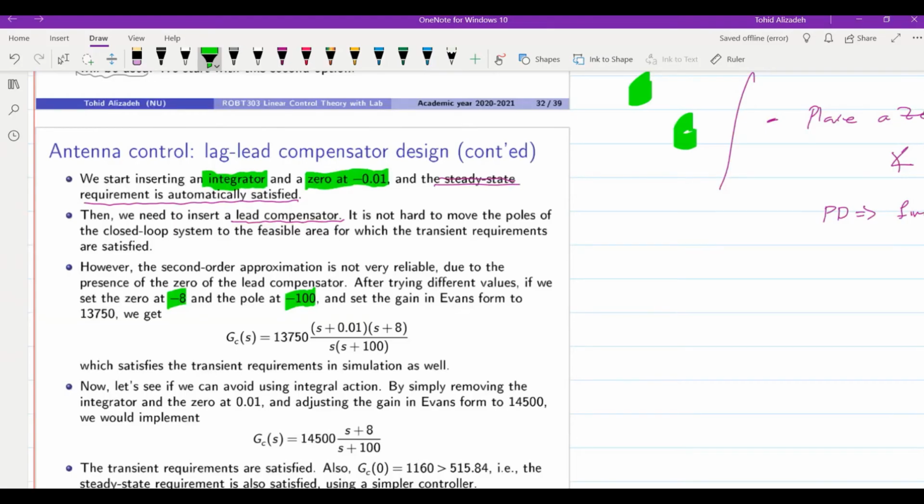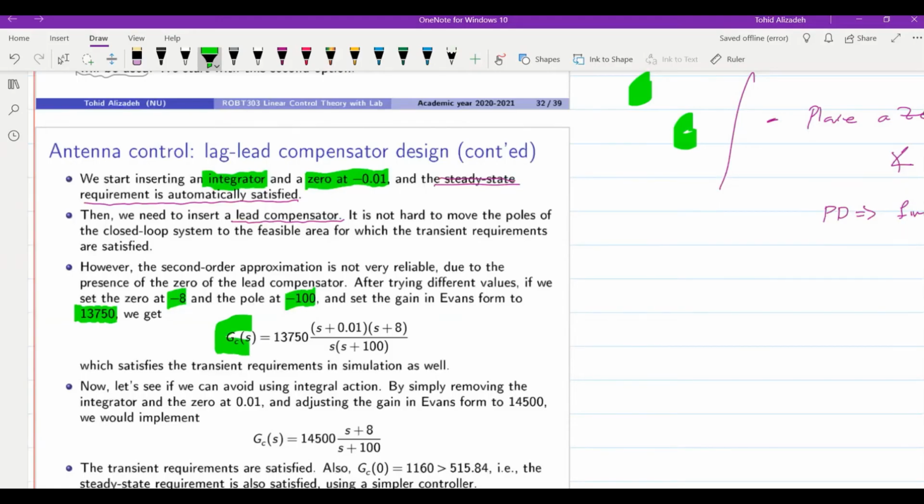And then we would need to adjust the gain in order to place the poles of the closed loop system at the desired locations. And the adjusted gain will be equal to 13,750.